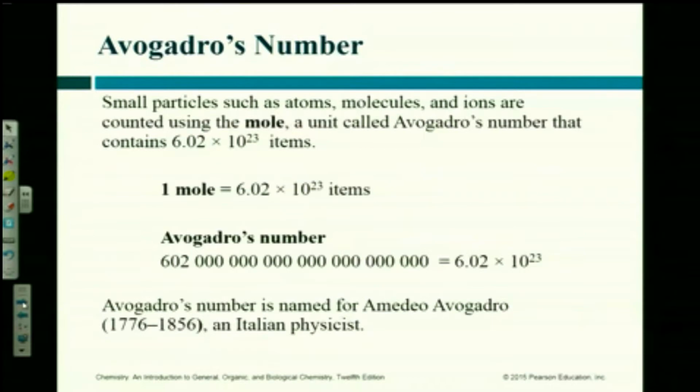A few years? A lifetime? How about if I told you it might take you a few billion lifetimes to count that high? Holy crap, Batman. Because a billion's only 10 to the 9th. That's 10 to the 23rd. That's still 10 to the 14th times more.